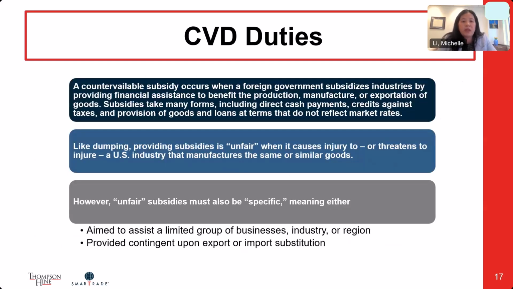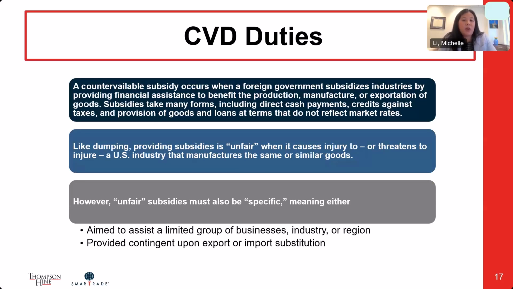And CVD duties, I gave you the example in the baby shop example, come in where a foreign government subsidizes their industries by providing financial assistance to benefit the production or exportation of goods. Subsidies can take many forms, including direct cash payments, credits against taxes, provision of loans at terms that do not reflect market rates, provision of goods for less than adequate remuneration.